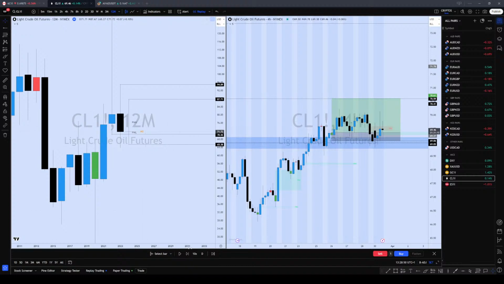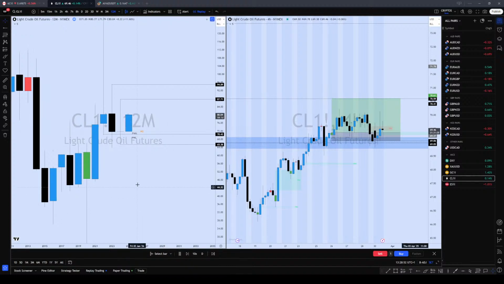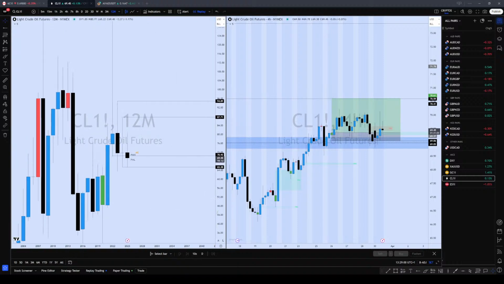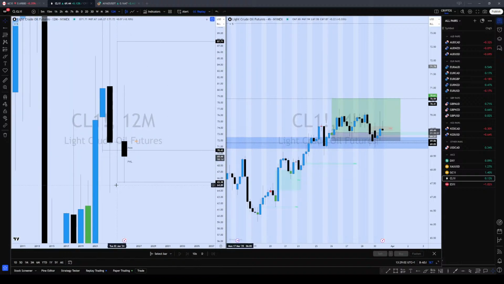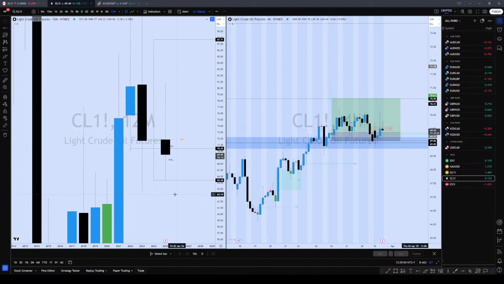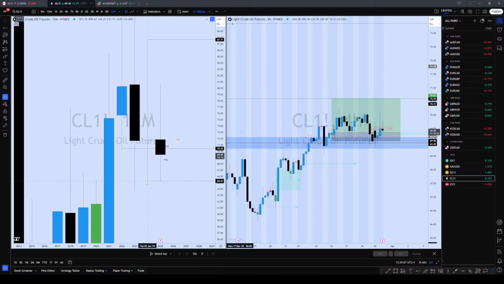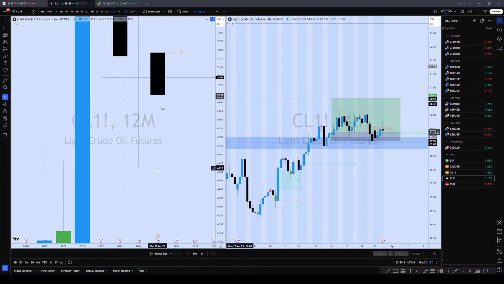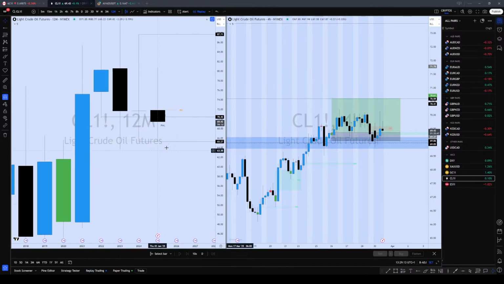Okay, so if I bring out the yearly candle now, that's where we're at. The yearly candle has taken out the previous year's low just by a pip, and then price rejected.